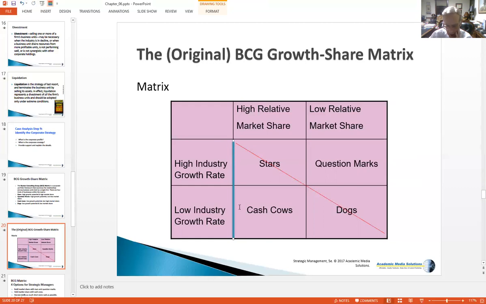But at the very top of the axis is very high, and down at the bottom is no growth or even decline. But this is a scale, isn't it? It's not a high or low.